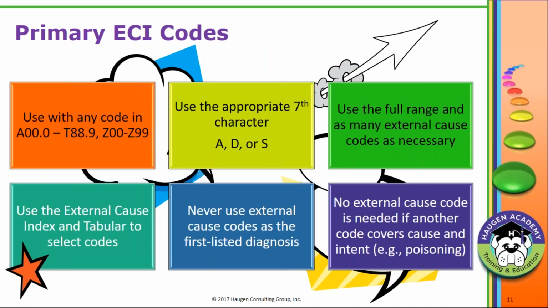So let's talk about the primary ECI codes to start with. The first coding guideline says that these codes are to be used with any code in the A00.0 to T88.9 or Z00 to Z99 categories. In other words, you can use these ECI codes with any other code in the code book except for another ECI code.